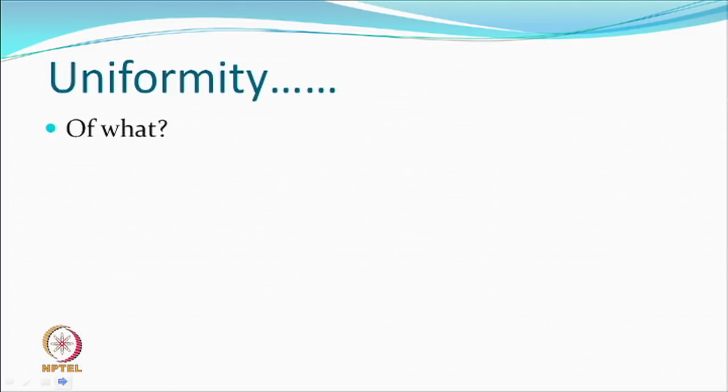Uniformity of what? That is the question. There is a green here, then there is another green here, and another green, this is repeated, all that flower pattern is repeated. So, you expect this green to be equal to that green to be equal to that green. At least nobody should say, well, I thought this was this green and now some other green is coming after every meter. That uniformity you will expect, that is the technological part. Hopefully, the machines will be able to do that after proper setting.